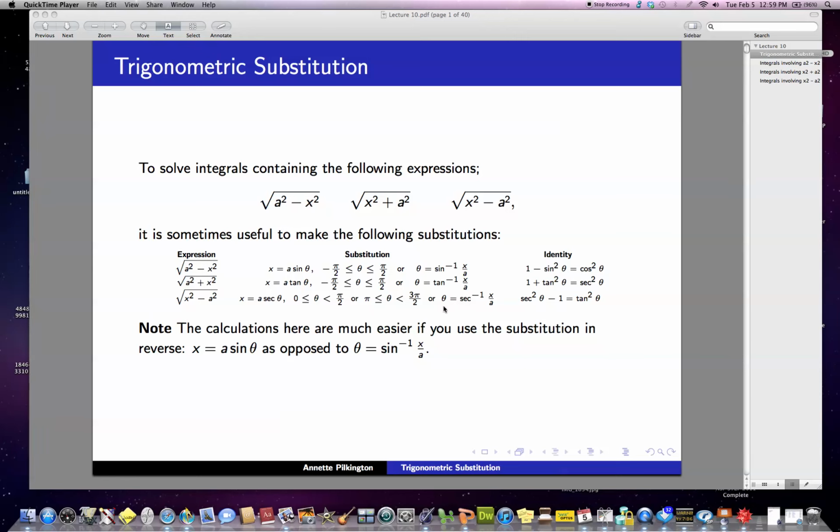Although we haven't studied this function directly, it suffices to know that theta is secant inverse x over a, and secant of theta equals x over a. When I make this substitution, I use the identity secant squared theta minus 1 equals tan squared theta, which is just the previous one rearranged, in order to simplify this expression.